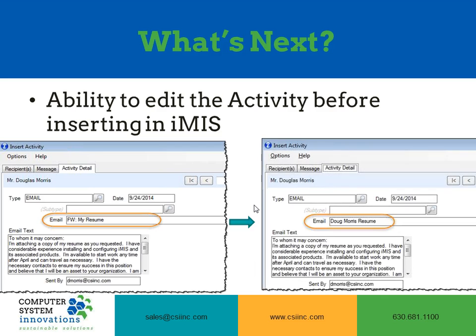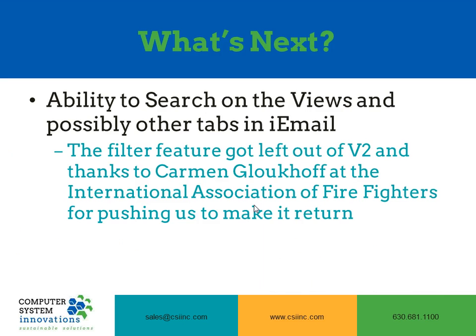You'll be able to edit that subject line in the insert activity to change it to something like Doug Morris Resume. So rather than inserting into IMAS and then having to go into IMAS and change that subject line, you can actually do it right on the fly. And you'll be able to control which fields are editable and whatnot.